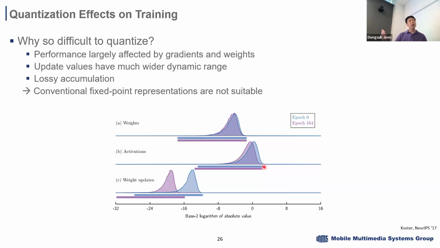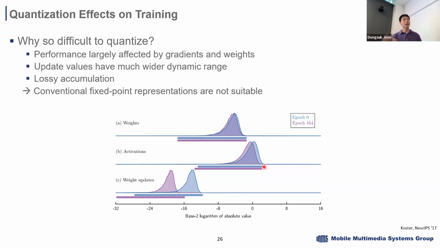Also, in the early stage of training, the neural network is not trained very well, so it can learn a lot from each training sample. That means the magnitude of the parameter update is relatively larger in the early stage of training.